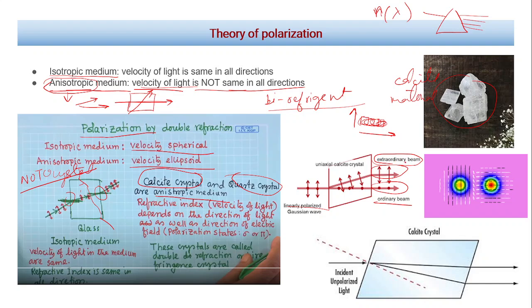This is what we feel, and that's why we started calling it extraordinary. But later it was seen that even this follows Snell's law, because the refractive index is different for this particular beam. That's why we think it's deviating from the law, but it is following the law, since its refractive index is different from the refractive index the ordinary beam sees. Okay, we'll go into detail now.